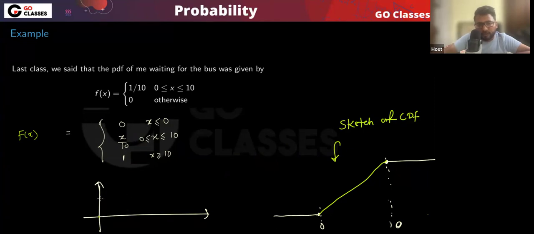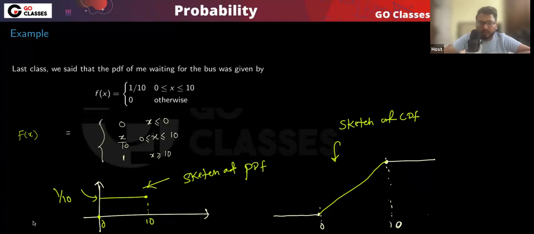From 0 to 10, it will be just a constant, which is 1 by 10, right? This value is 1 by 10. This is the sketch of PDF.